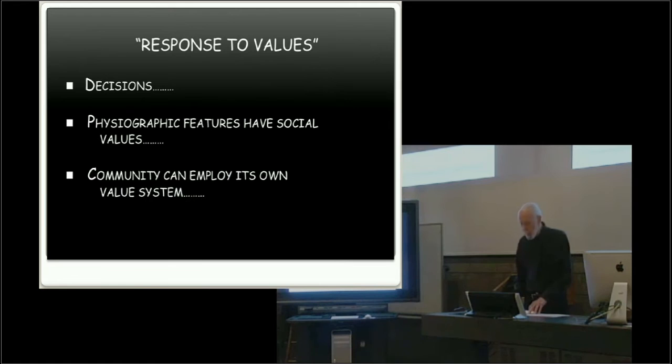Physiographic features have social values, states McHarg, and he concludes by commenting, moreover, this method permits a most important improvement in the planning method. That is, the community can employ its own value system.